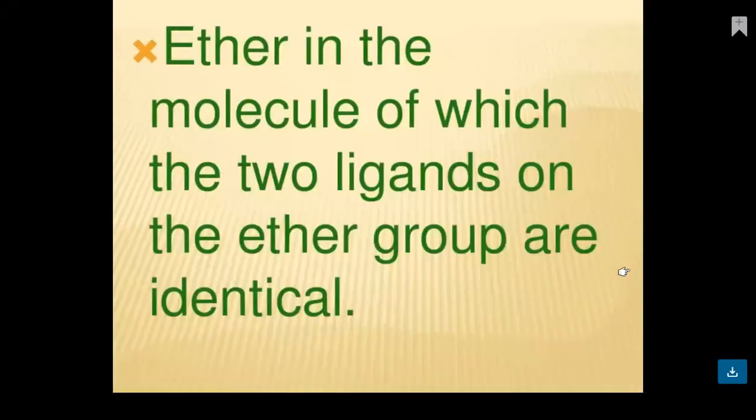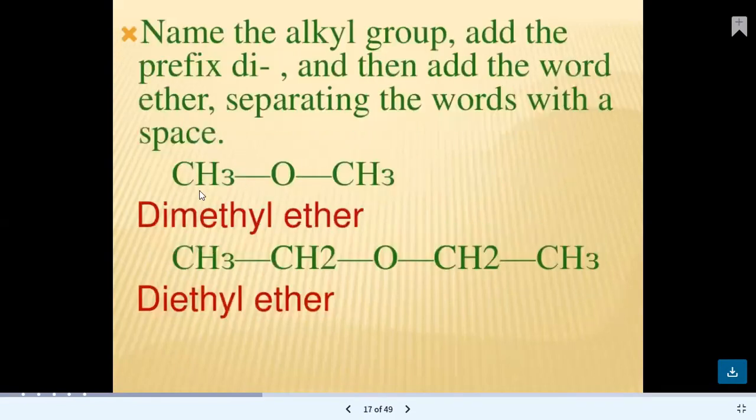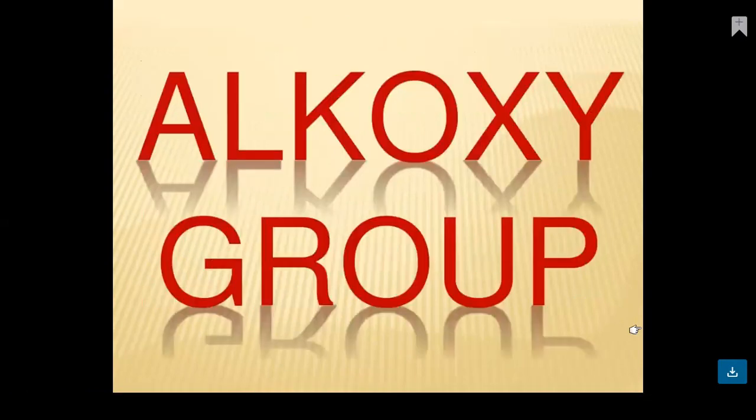The symmetrical ether is the molecule of which the two ligands, these are the branches to the side, on the ether group are identical. Like this is the same one to both sides. Therefore, it is dimethyl, diethyl, dipropyl. It's always going to be di-something because it's going to be the same thing on the two sides. Okay? I think that's very clear.